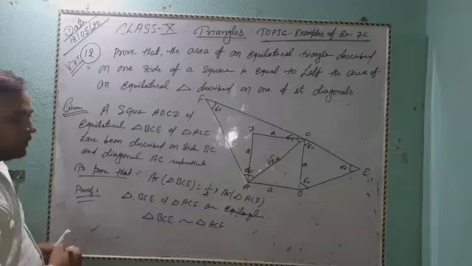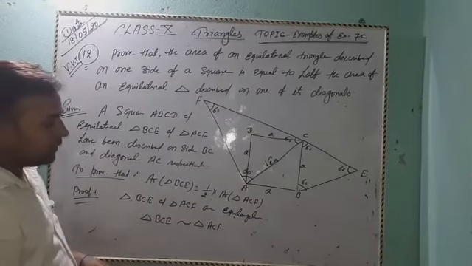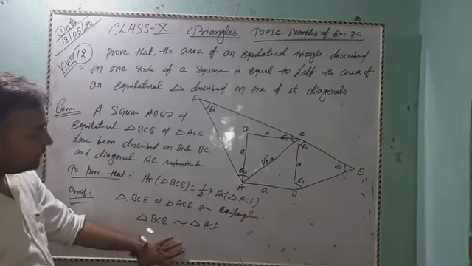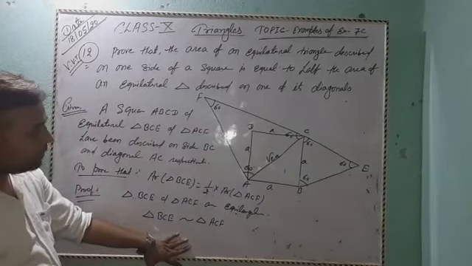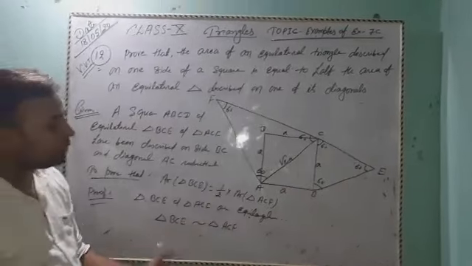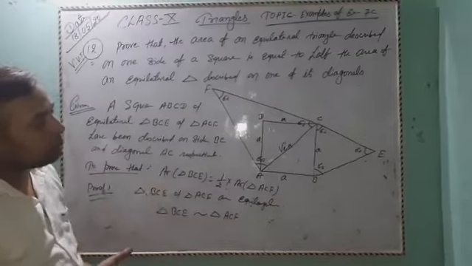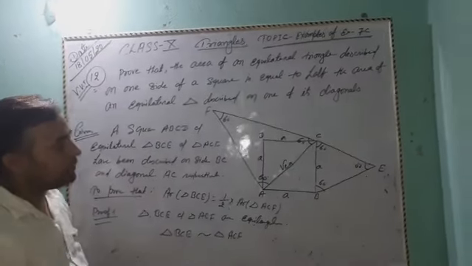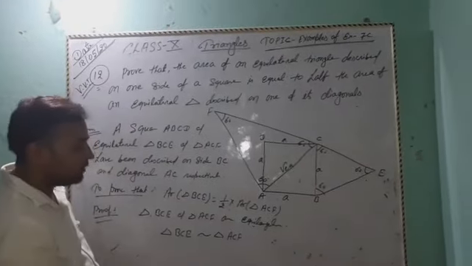And we know that the ratio of the areas of similar triangles is equal to the ratio of the squares of their corresponding sides.